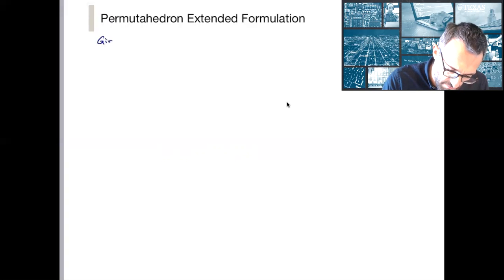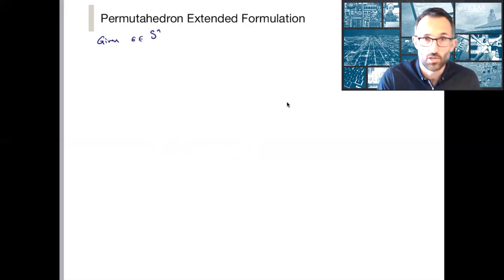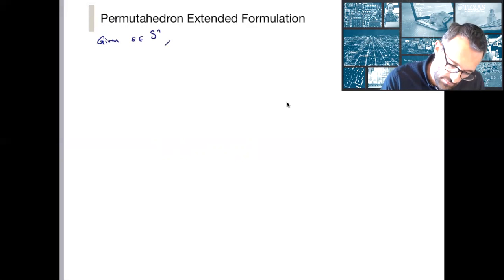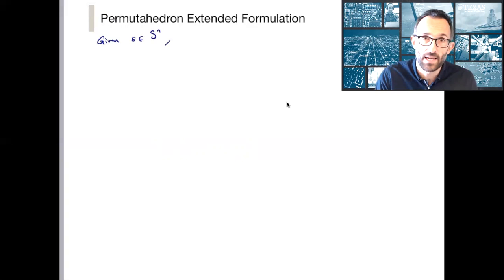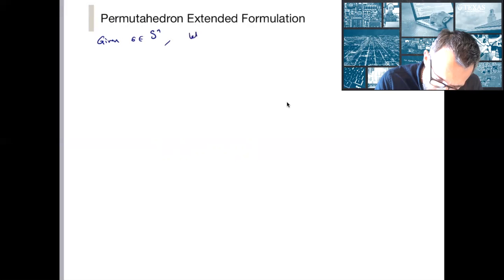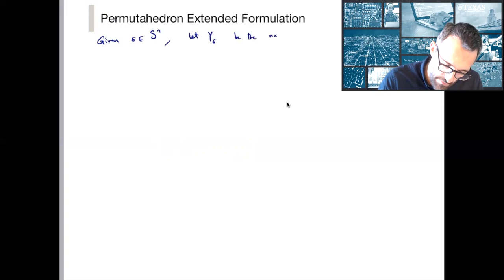Given a permutation, sigma, let's define an n by n matrix that's just the permutation matrix. So let y sigma be the n by n matrix of this permutation.